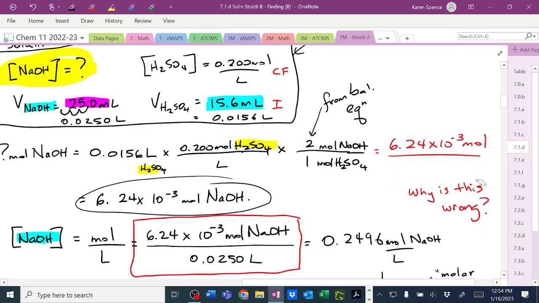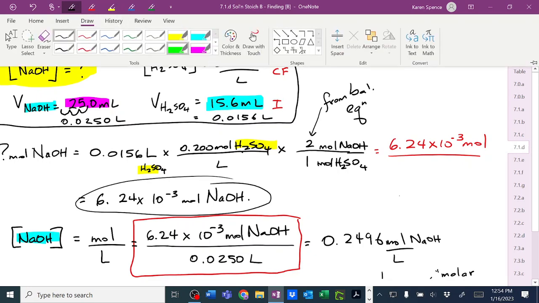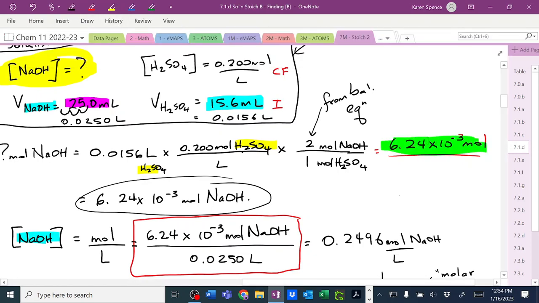This number here, what color do I want? Let's grab some green. This number here is equal to this times this times this, divided by 1. It is not equal to 6.24 times 10 to the minus 3 divided by 0.0250. If you do that division, it's like saying I've multiplied these three things together and they are equal, and now I'm going to just divide by 4 and say it's still equal.